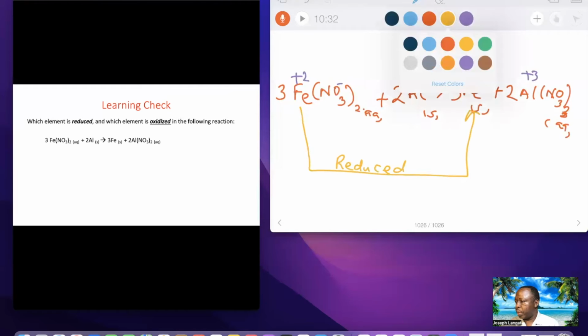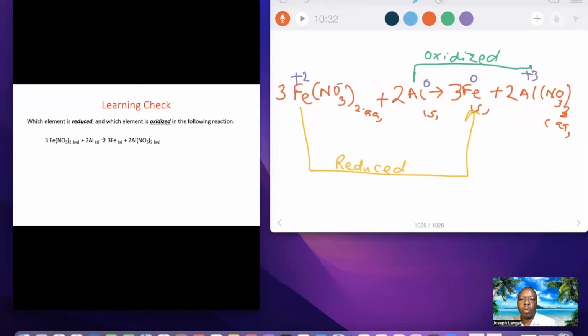And aluminum is going from 0 to +3 here. We say this is oxidized, because there is an increase in oxidation number. It's losing electrons. Becoming positive means we are less by 3 electrons. Here we have added 2 electrons, and of course, the coefficient will balance out those.